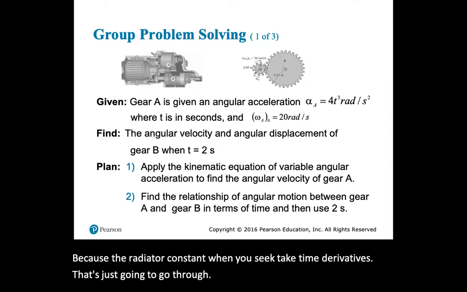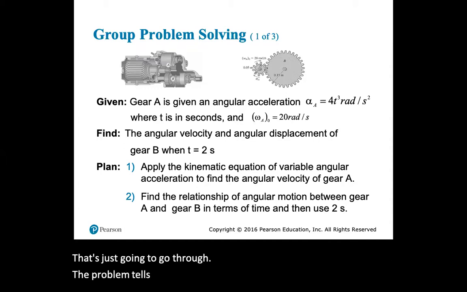The problem tells me that alpha A equals 4.4 t cubed radians per second squared.